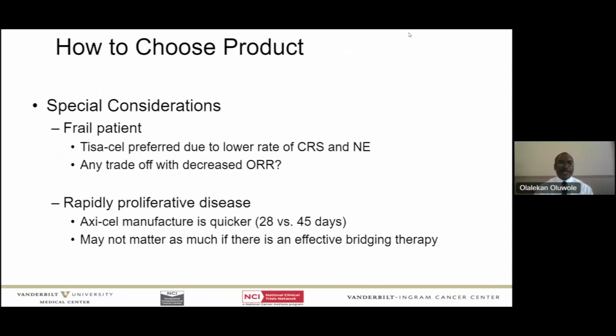So I want to go through a few scenarios to talk a little bit more granularly about patient selection. What are the things you need to consider before you can choose a product? But before I go further, I want to make a disclaimer that neither axi-cell, nor T-cell, nor liso-cel have been studied head-to-head in a randomized fashion.